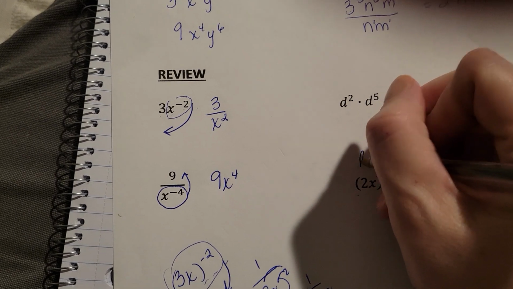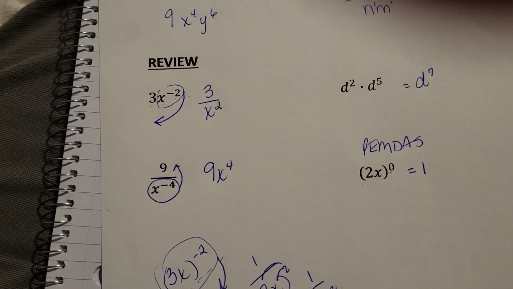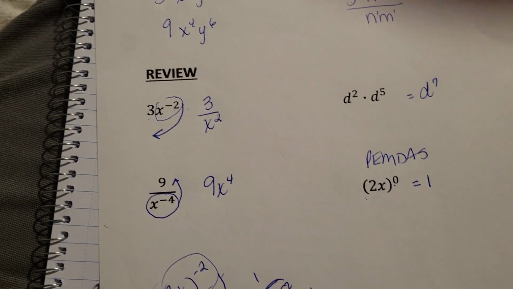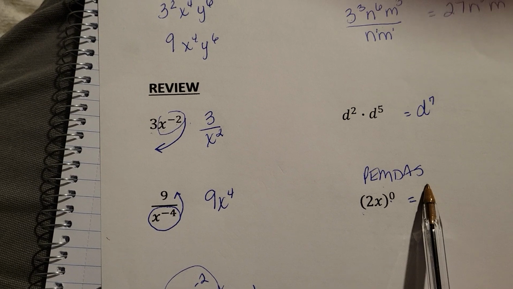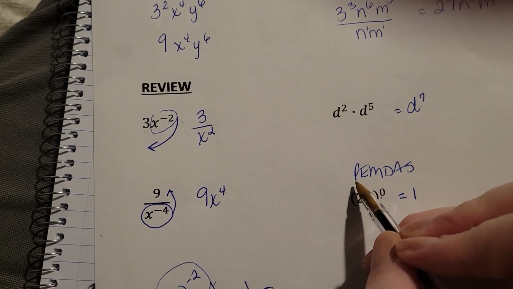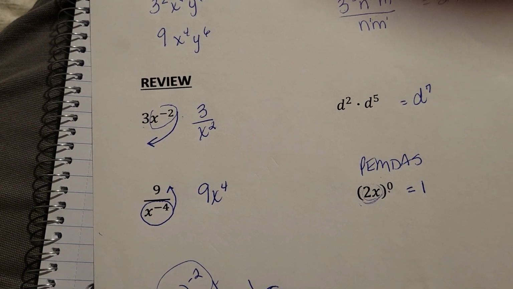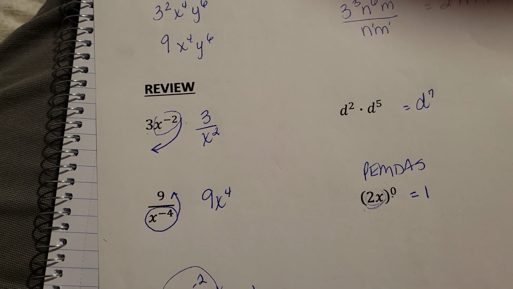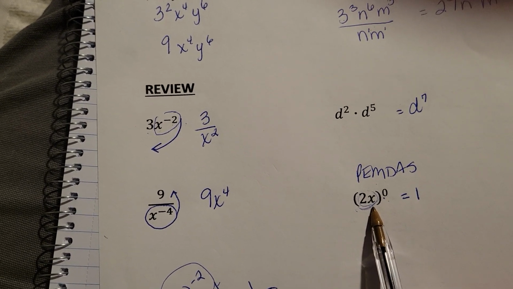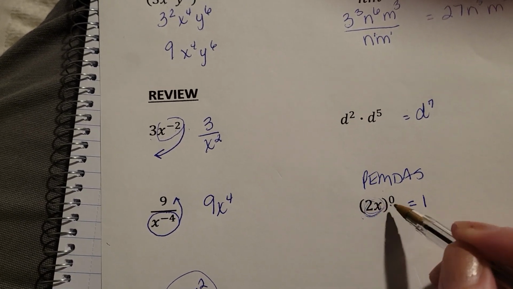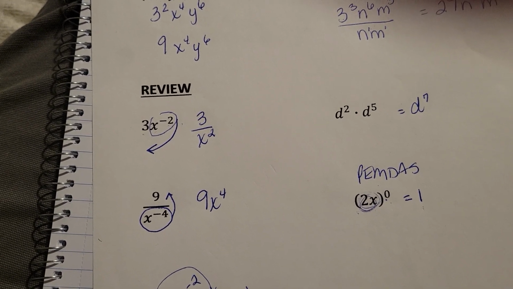The order of operations, which we remember with the acronym PEMDAS: parentheses, exponents, multiplication and division, addition and subtraction. Parentheses first. So whatever would be in here, we would multiply that first and then raise it to the exponent. So even though we don't know what the x is, whatever is in here would be raised to the 0 power, and so it would just become 1.